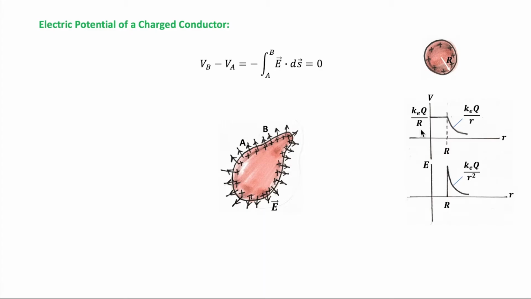So the surface charge density is uniform on the sphere, but if the conductor is non-spherical, as in the shape shown here, the surface charge density is high where the radius of curvature is small, okay?